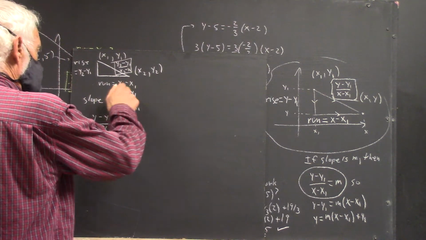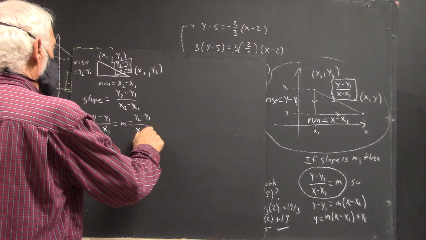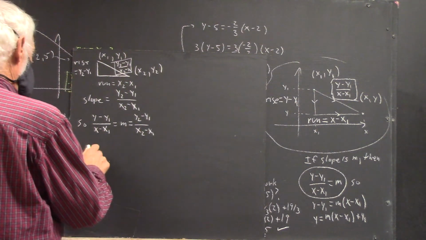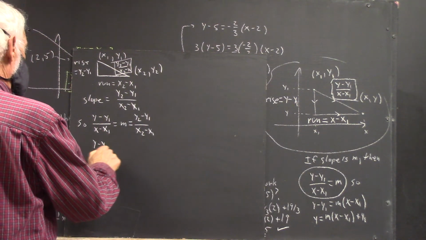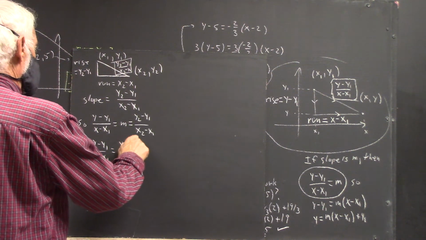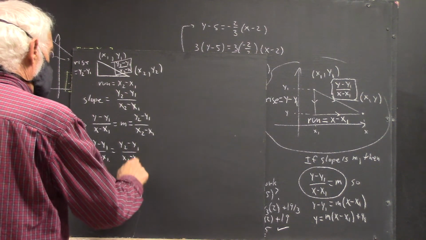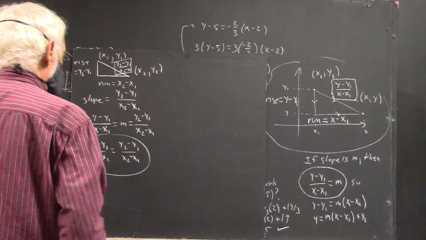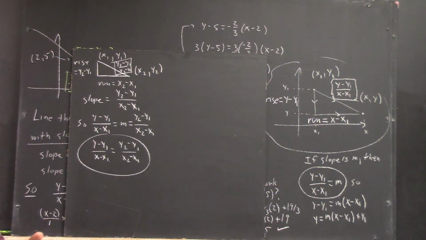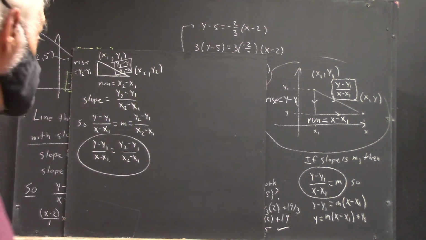But m is the slope, it's y2 minus y1 over x2 minus x1. Y minus y1 then over x minus x1 equals y2 minus y1 over x2 minus x1. And you'll see that as the 2-point form of the equation of the line.